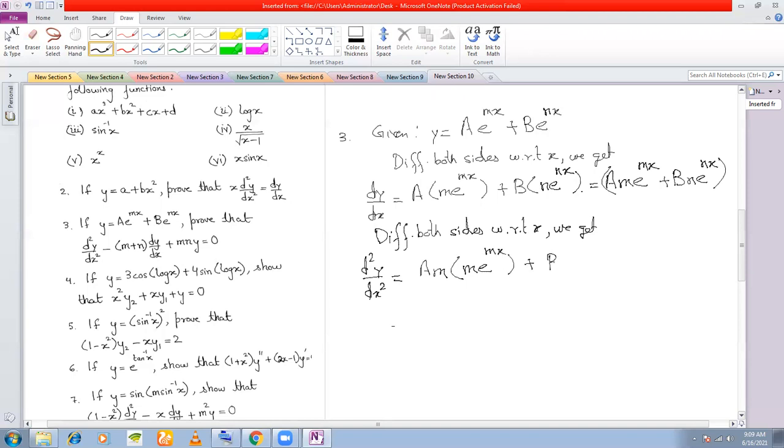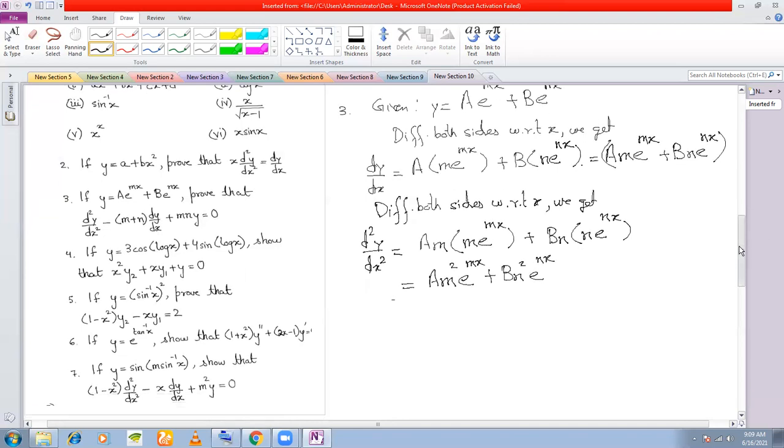Again bn is a constant, you keep it out, and you differentiate e to the power of nx to get n e to the power of nx. So you get here am square e to the power of mx plus bn square e to the power of nx.